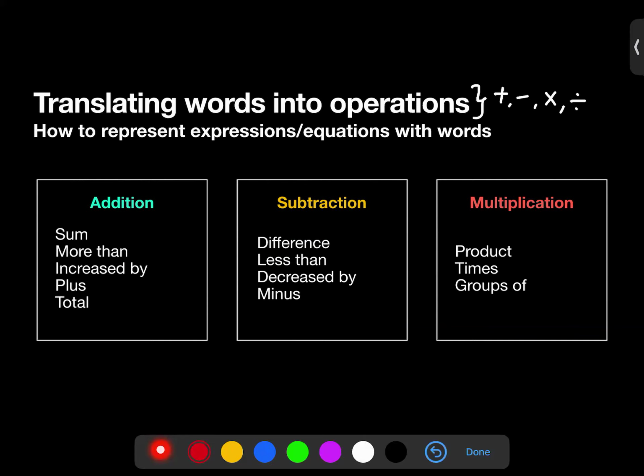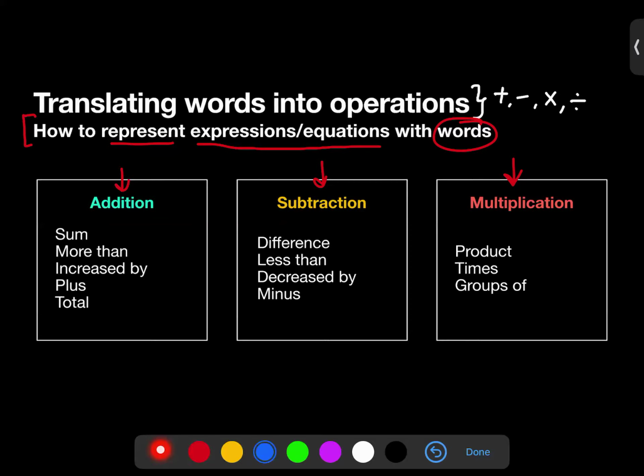So essentially, how do we represent expressions or equations with words? So these three boxes here will have some common words that represent these three common operations. So we have addition, subtraction, multiplication.